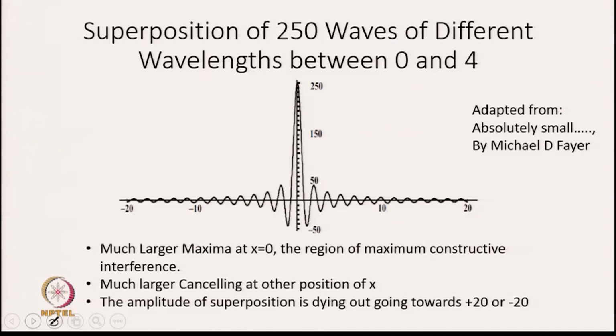In this case, if you take a very large number of waves, there is much larger cancelling at other positions of x, and you can see almost 0 at other positions of x. So, the amplitude of the superposition is dying out, going towards plus 20 or minus 20.